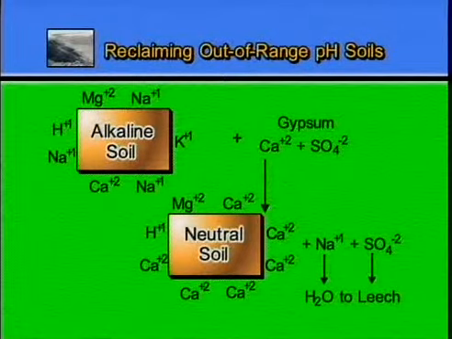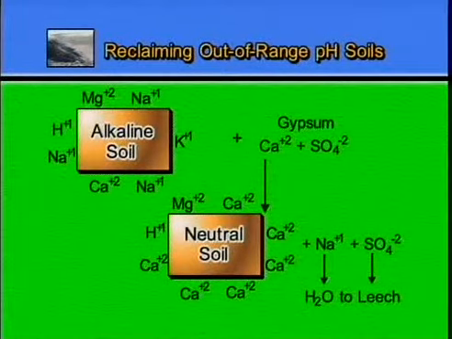Now the question is often asked, if I don't have irrigation water and I have an alkaline soil, one that's high in sodium content, does it do me any good to apply the gypsum? And my response to that question would be that yes, indeed, gypsum will help just due to natural precipitation and rainfall and a certain amount of exchange that takes place in the soil.